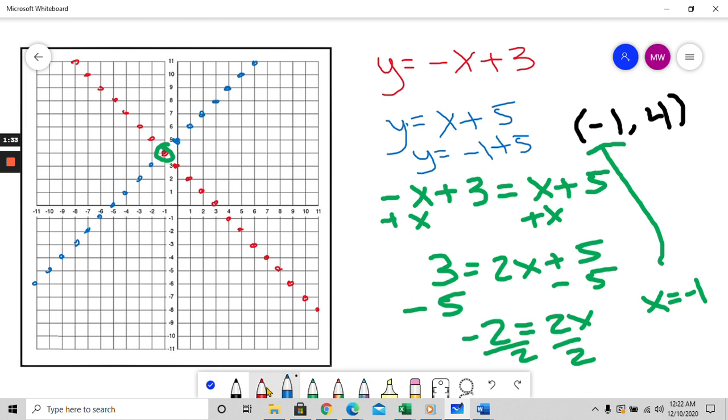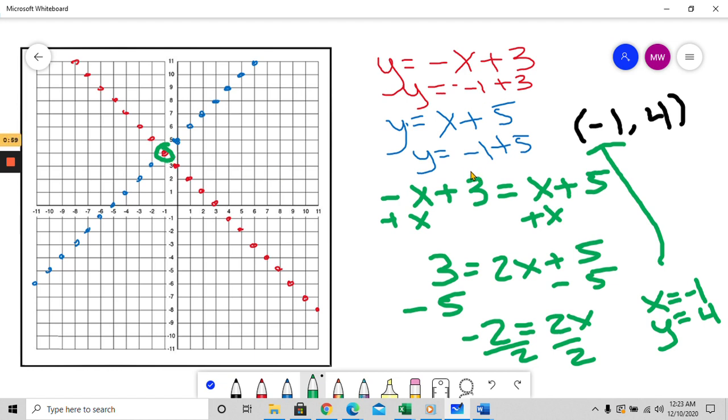And if I said y equals negative negative 1 plus 3, negative is a positive, so 1 plus 3 also equals 4. And they intersect, and I'm going to say y equals 4, they intersect at negative 1 and positive 4.